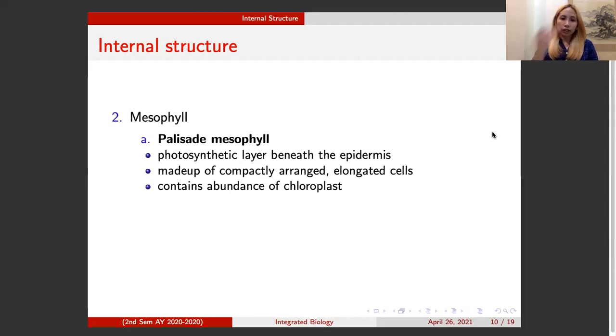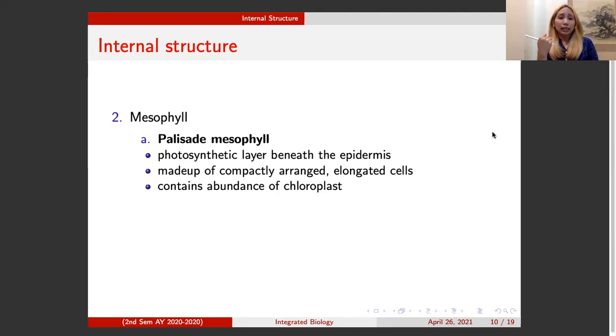There are different types of leaves wherein one can have one palisade layer and the other can have two palisade layers. Okay, so if a leaf only contains one palisade layer, normally you find it beneath the upper epidermis.